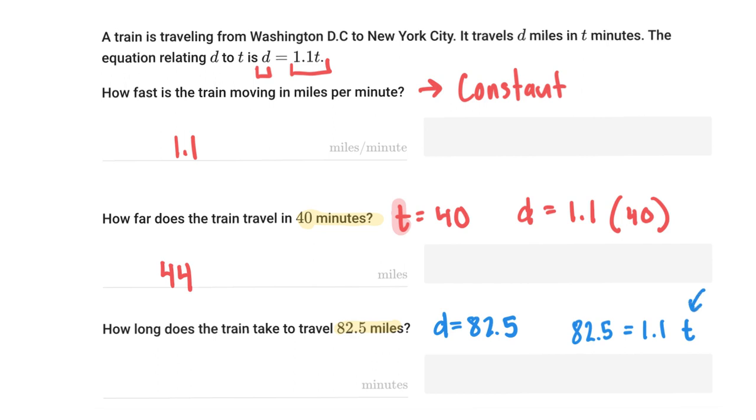And that is actually what we're trying to find. So if we just take our 82.5 and we divide by 1.1, we get our time equals 75. That means we travel 82.5 miles in 75 minutes. This is just a question where we have to be able to use an equation. And we'll do a lot more of that in the future, but it's really nice to see this.